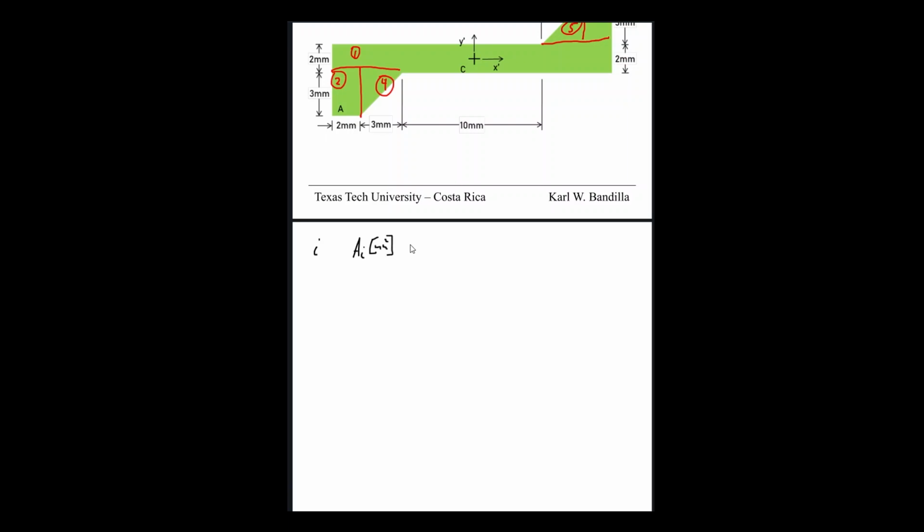We'll need x bar i, y bar i, and then x bar i times A_i, millimeters to the third, and then y bar i times A_i, millimeters to the third.